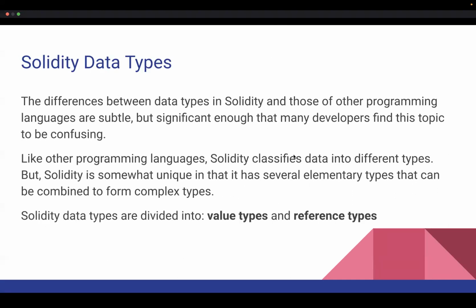Now, all right, let's look at Solidity data types. The differences between data types in Solidity and those in other programming languages are subtle, but significant enough that many developers find this topic confusing. I keep telling people Solidity is a very simple programming language.